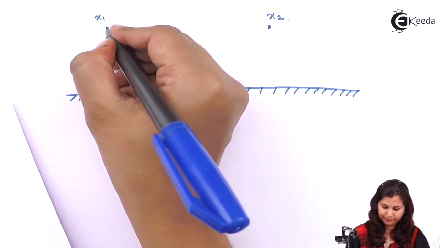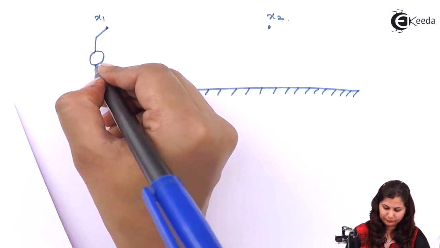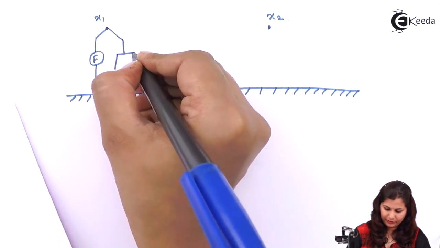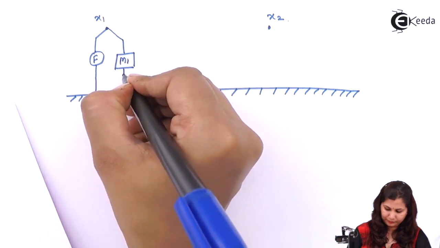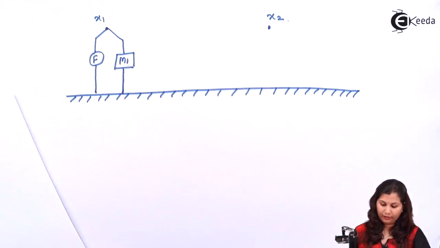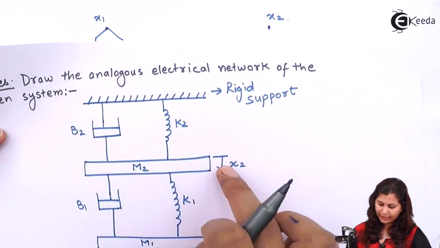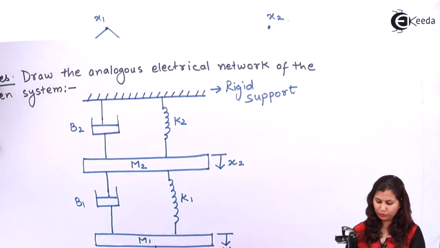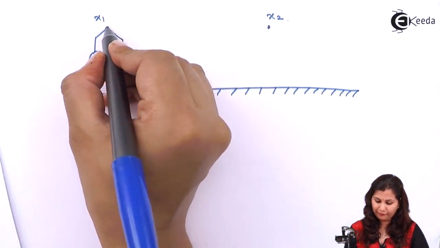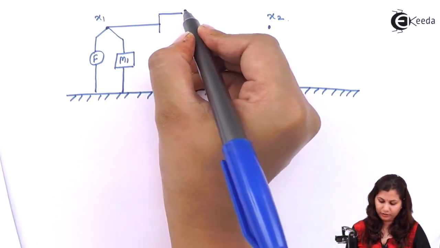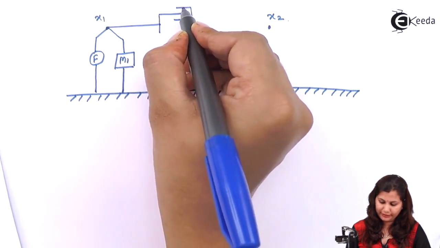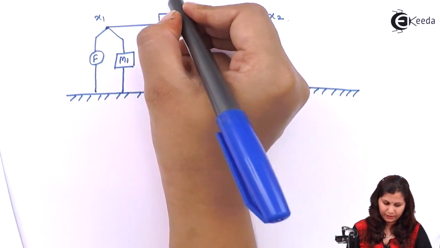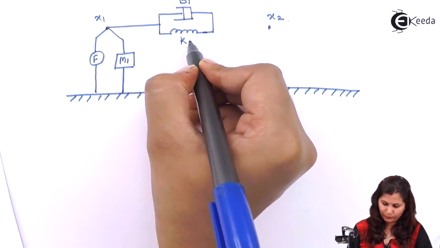So we will have F, and here we will have M1. Now between the nodes x2 and x1 we have K1 and B1, so their parallel combination will be between these two nodes. Here is the parallel combination of the damper and the spring, B1 and K1.